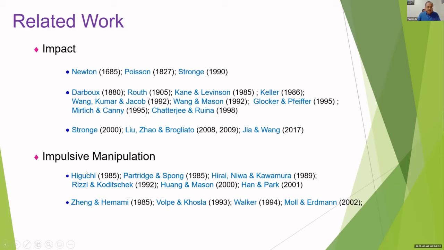And also there's impulsive manipulation for sorting, and ping pong playing and batting, and tapping. And the modeling of the impact with the environment is also an important part. That has been looked at as well, by Professor Zheng at Ohio University, and then Pankosla and Ian Walker.